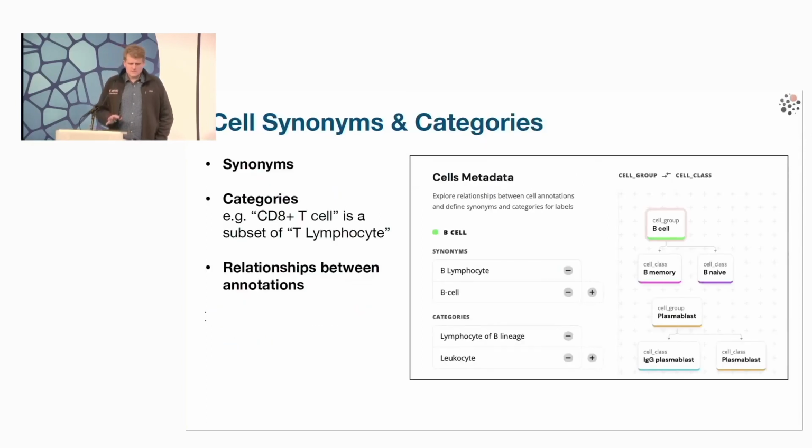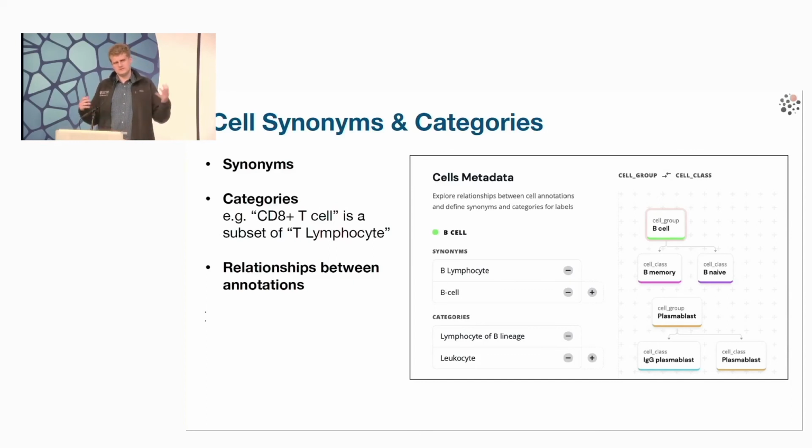For the cells metadata, basically for every annotation that you give, as in every label for a cell type that you give, you're able to list the synonyms that are associated with the cell type, and then list what we think are some sort of category for these cell types as well. So, if it's a very specialized T cell, you could say this is a category of a T lymphocyte.